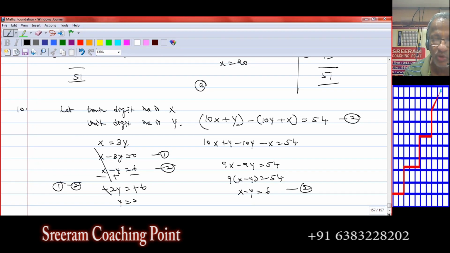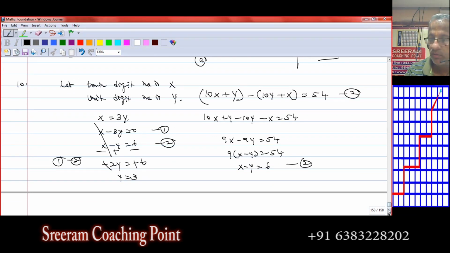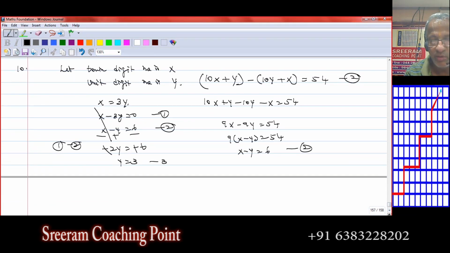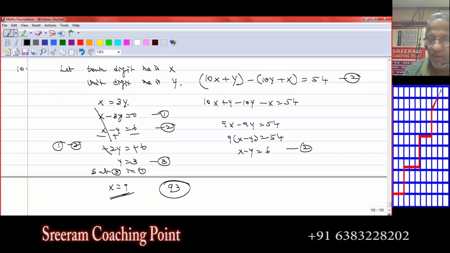Y is equal to 3. So this is item number 3, substituting 3 in 1, X equal to 9. So the number is 93. It is item number C.